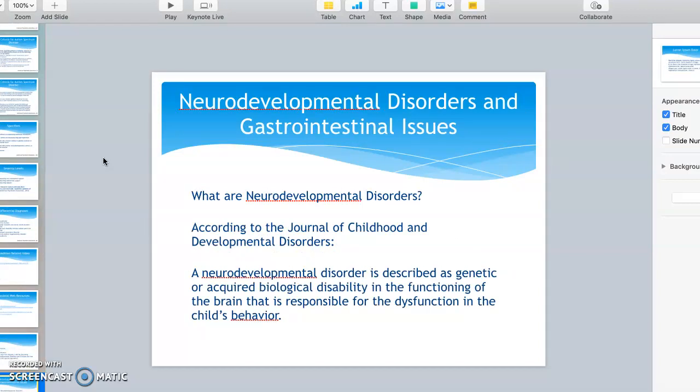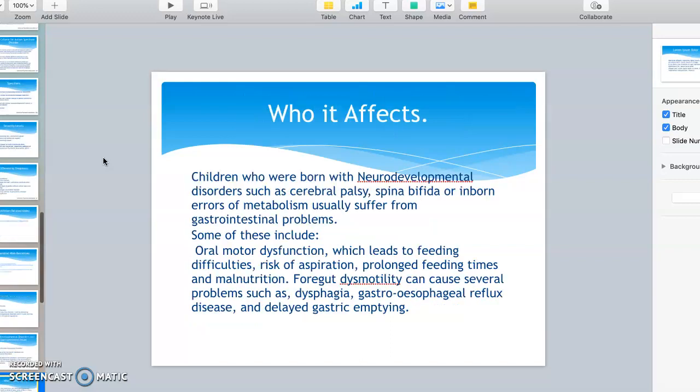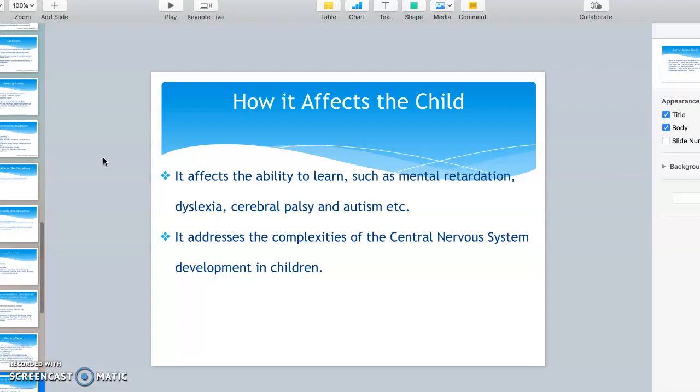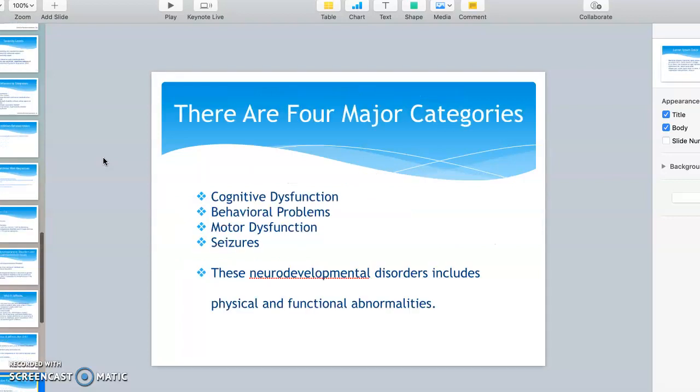Okay, so Stacey Ann, she provided information on neurodevelopmental disorders by defining what they are, who it affects, how it affects children. These are the 4 major categories associated with neurodevelopmental disorders.